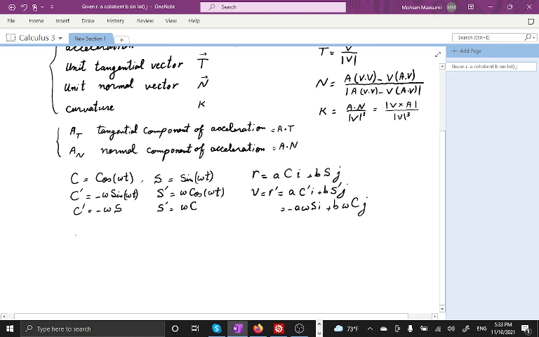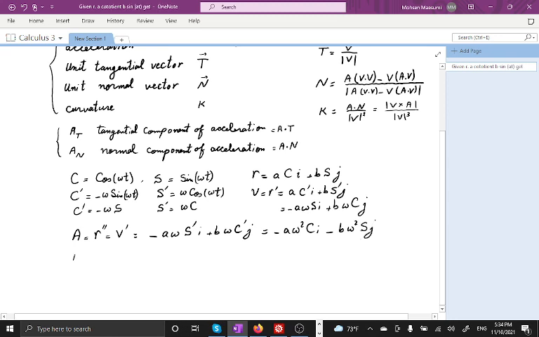How about acceleration? So acceleration is, of course, R double prime, or if you wish, it's V prime. So I have to take a derivative of this thing again. So it's going to be minus A omega S prime i plus B omega C prime j. And you remember S prime is just omega C, so I'll have minus A, another omega, omega squared, C i, and then C prime is minus omega S, so that's going to be minus B omega squared S j.